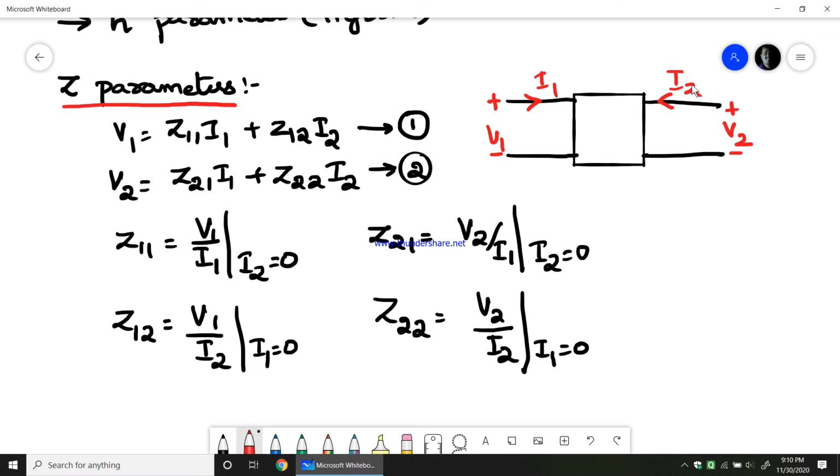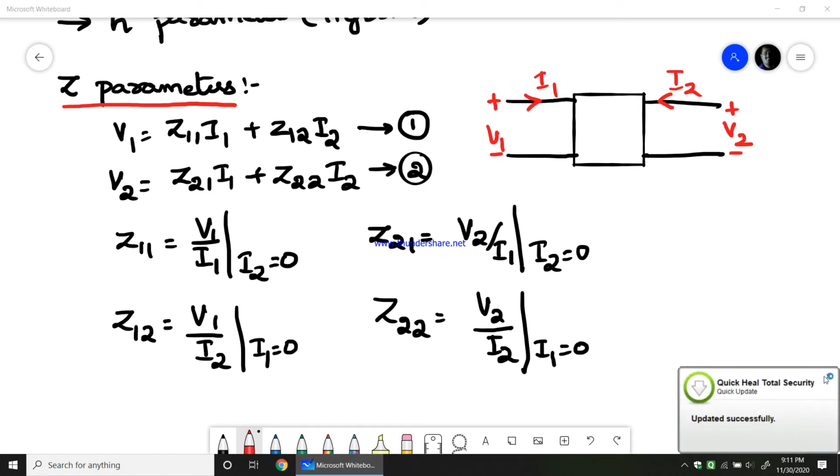Current I2 equals 0 means we keep the output port, or port 2, open. We create an open circuit across the port 2 terminal, whereas across port 1 we connect the voltage V1. Across that open circuit, the voltage we find is V2. So by keeping I2 equal 0, by keeping the output port open, we find Z11 and Z21.